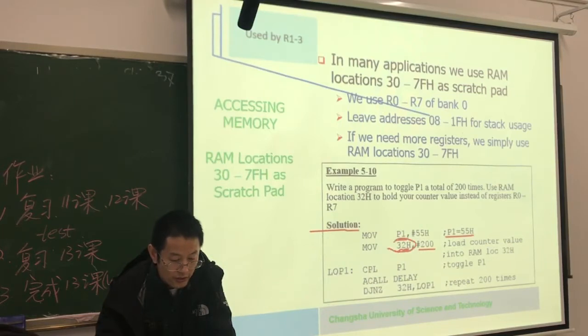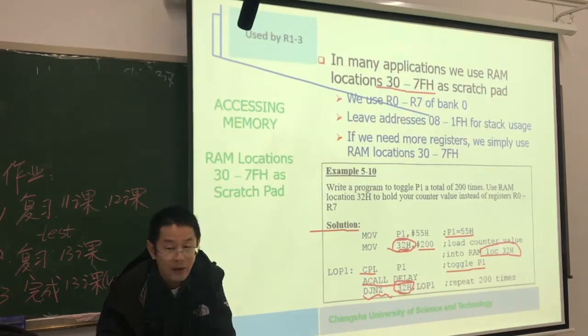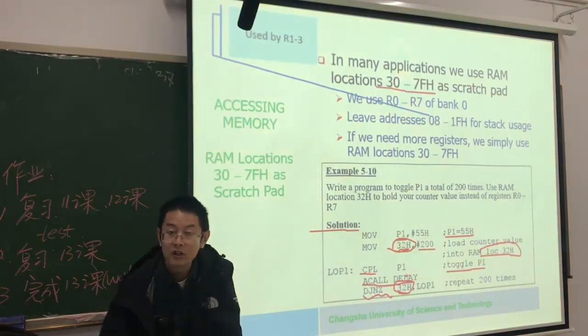Note that 32H is in the general purpose RAM area 30H to 7FH. MOV 32H, #200. CPL P1 toggles P1. Then a delay, with DJNZ, which decrements 32H by 1 until the content in 32H becomes 0.